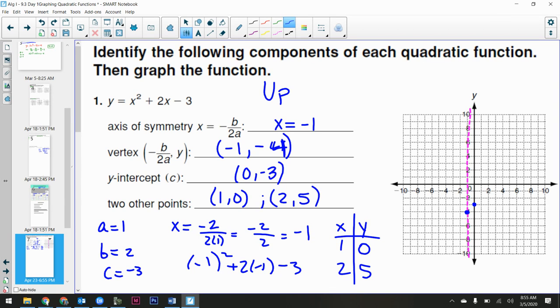Is everybody following me there? So now we plot those 2 points. 1, 0, 2, 5. Now, we see the full right arm of the parabola.